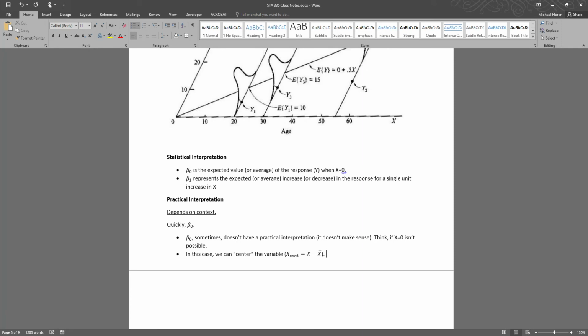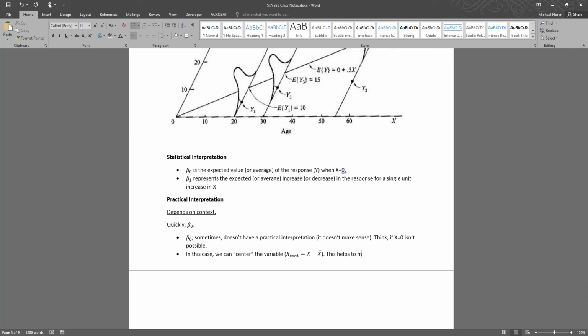Now if you think about what x minus the mean of x does, it takes the middle value of x and places it at 0. Think about this. If the x value is the mean, then the mean minus the mean is going to be 0. So pretty much it takes all of your data and just slides it to the left such that the middle data point now becomes 0.